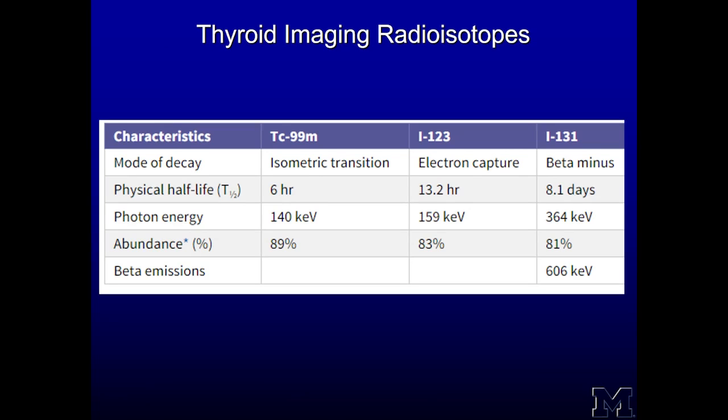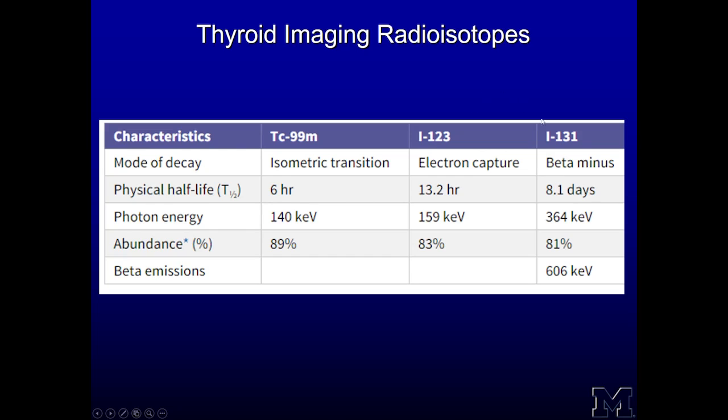We have three major radioisotopes that are used for imaging the thyroid gland. The most commonly used is technetium-99m pertechnetate. Also iodine-123 is used for thyroid scintigraphy, while iodine-131 is used for therapeutic applications such as thyroid gland radioablation for definitive treatment of hyperthyroidism, and also for treatment of thyroid cancer after total thyroidectomy.